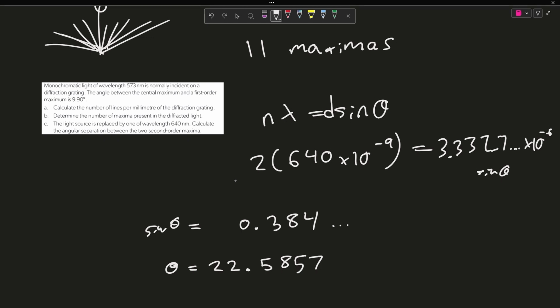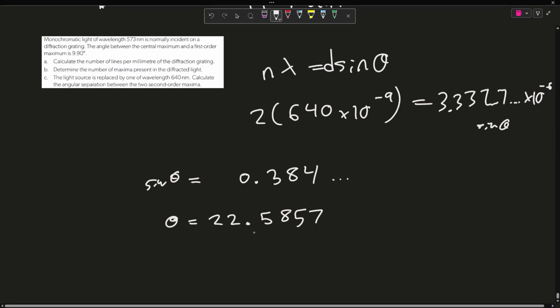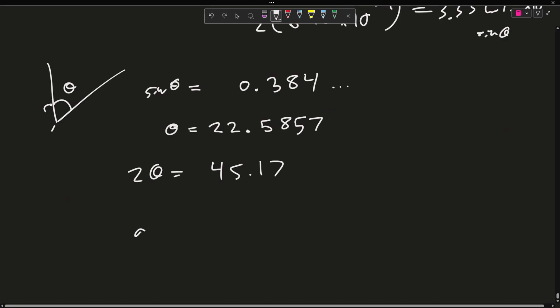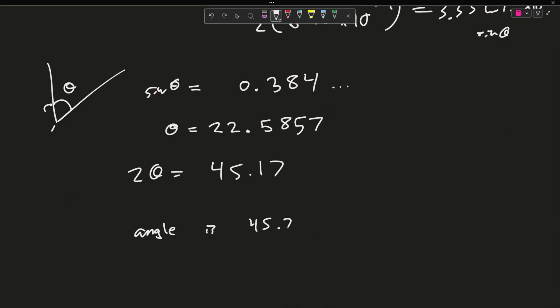But the angle between the two second order maxima is 2 times this, so 2 theta is 45.17, or the angle is 45.2 degrees.